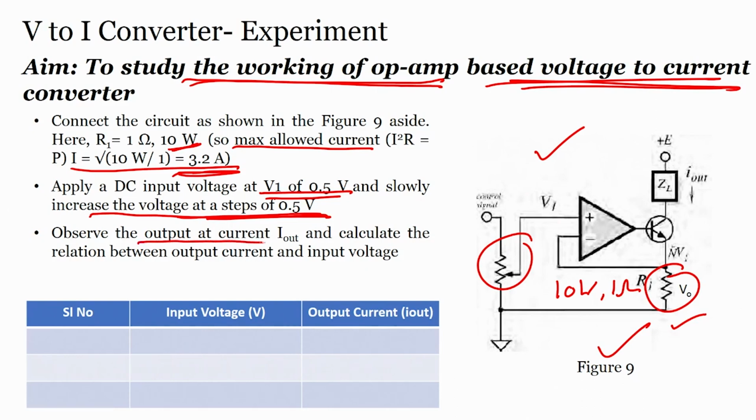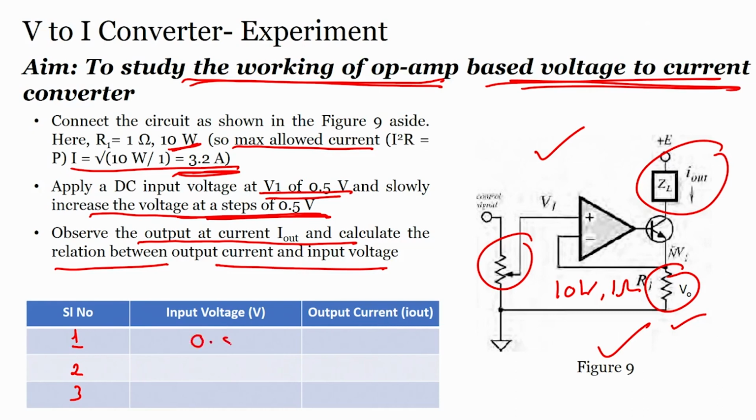Observe the output current I out here, and calculate the relation between output current and input voltage. We have to understand what is the relation between input voltage and output current. So, DC input voltage starting at 0.5 volts, then we go on increasing it and we look at the current at the output, right.